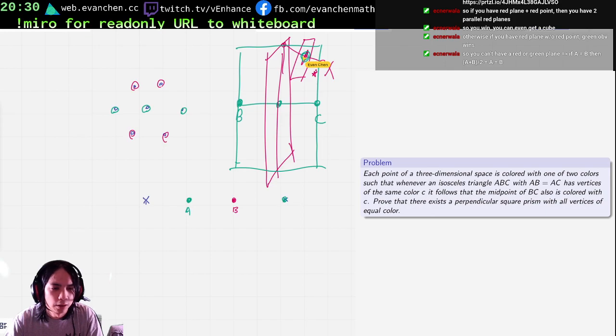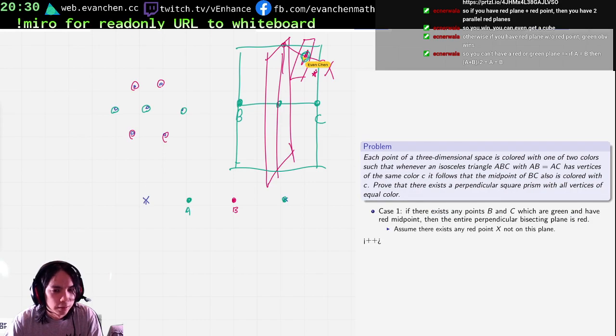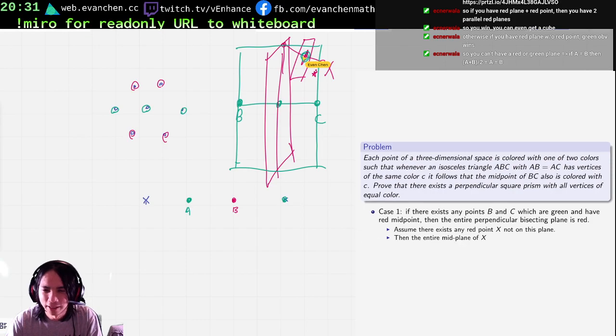Now assume there exists any red point X not on this plane, then the entire perpendicular bisecting plane of X and the plane P is red.